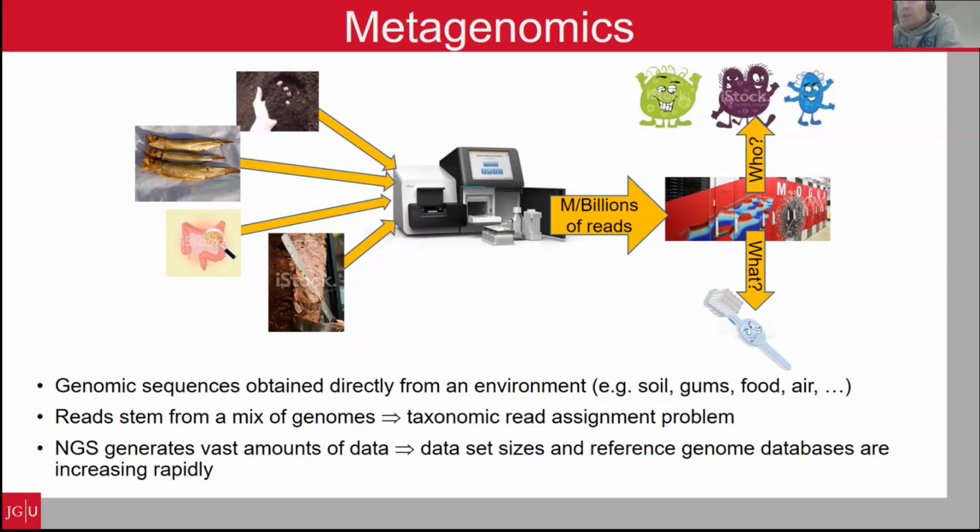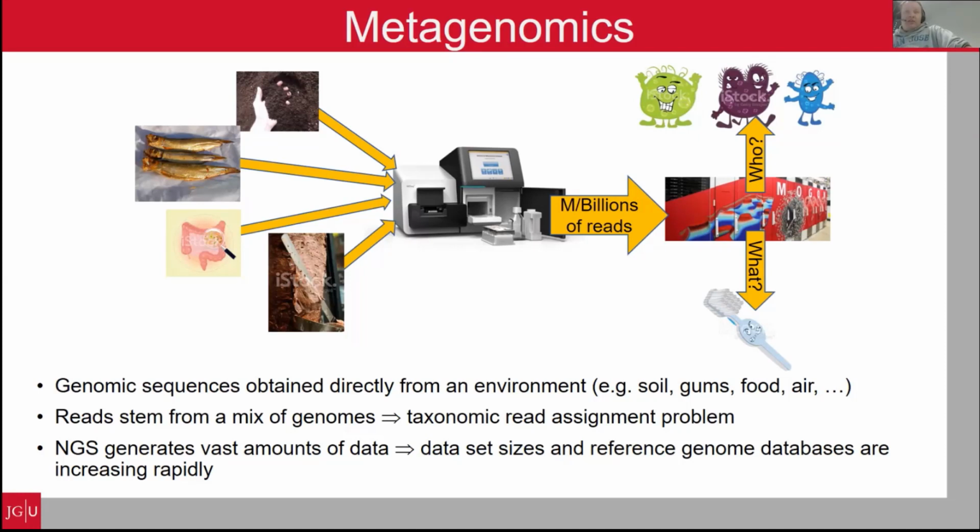So for every short substring, so every read that comes out of that sequencer, you want to find out its true origin. So from which genome does it come from? And once you found that out, you can do that for every read in your sequencing data set. Then you can deduce what components are actually in the sample that you have sequenced.